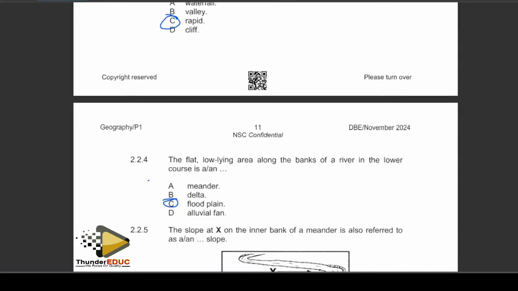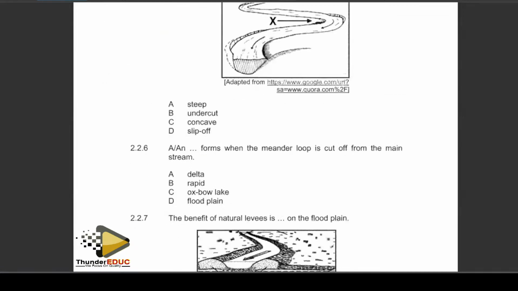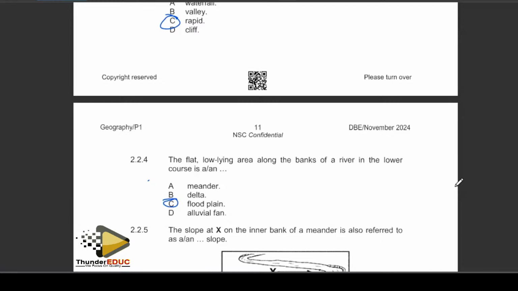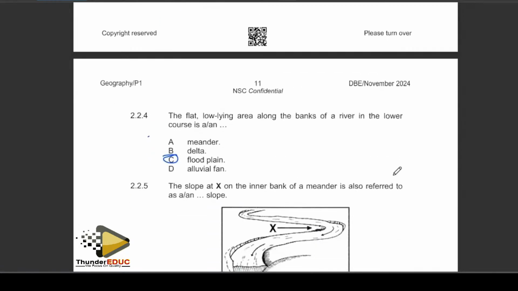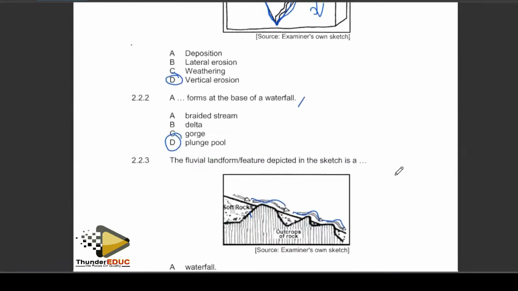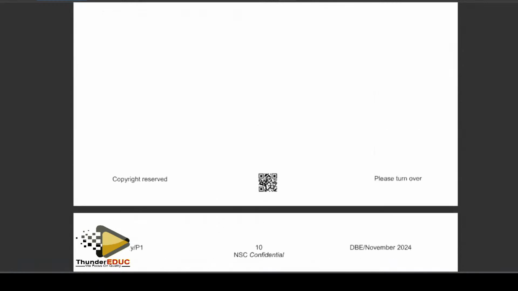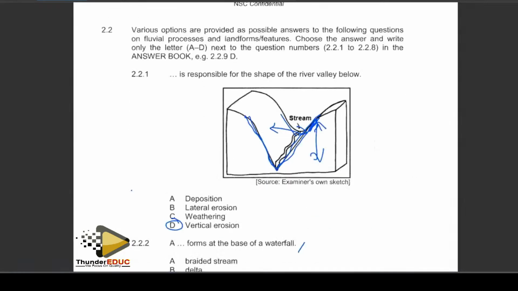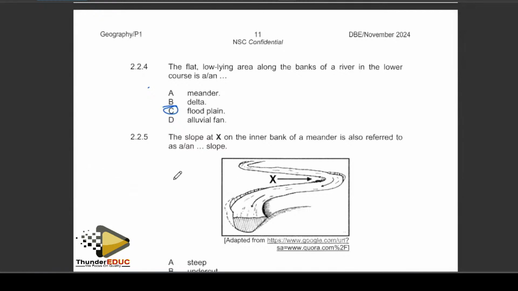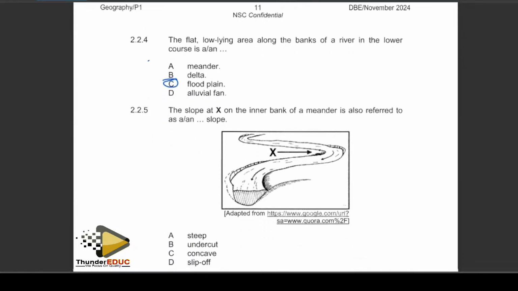Right, we're moving on to question number 2.2.5. Right, 2.2.5, it talks about the slope at X on the inner bank of a meander. You see here, the slope at X on the inner bank of a meander is also referred to as, I think, the two sides of a meander. We know them.